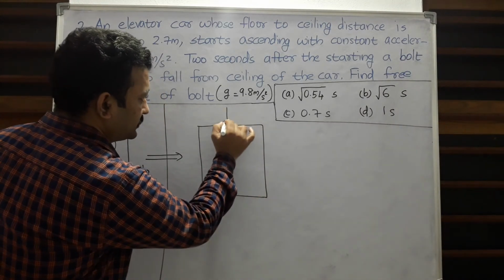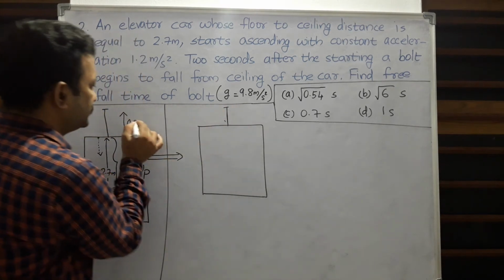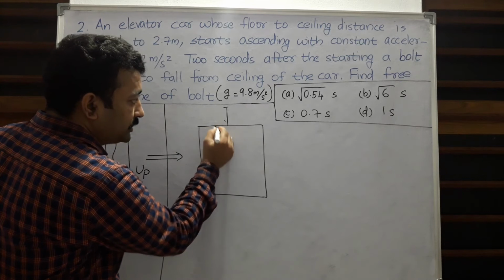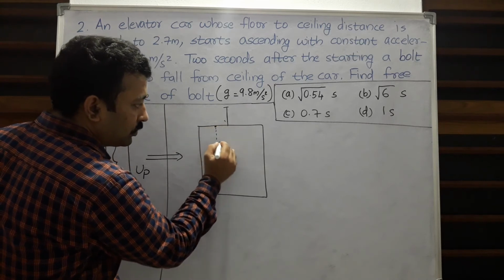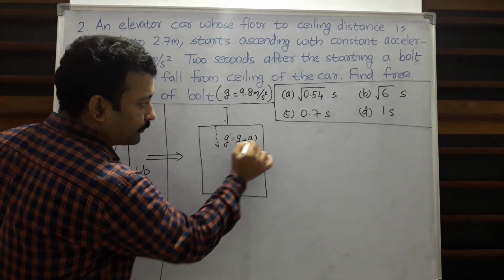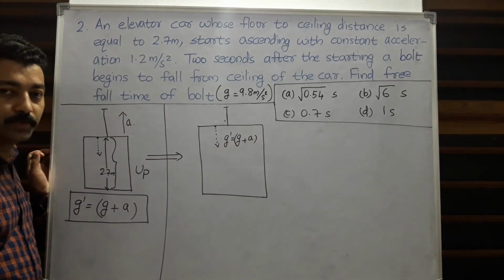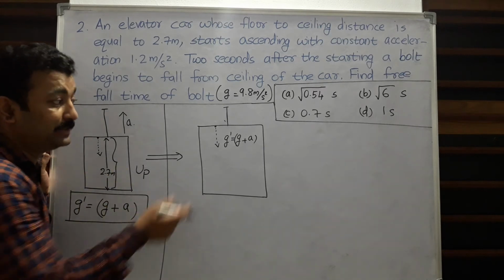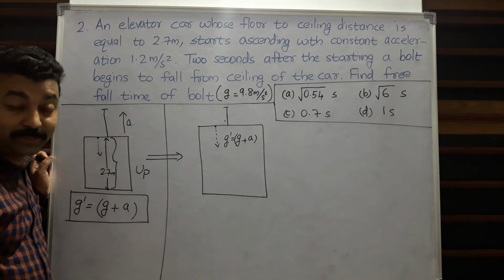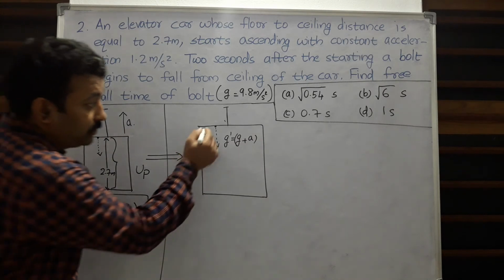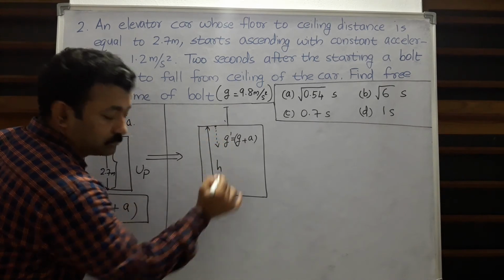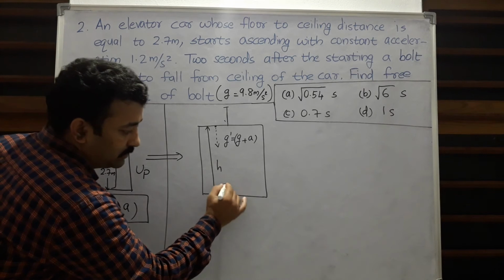Earlier there was an acceleration, now the lift is at rest. Now the bolt is falling down with an acceleration which is equal to g plus a. So there is a free fall problem, it is falling with g plus a. Your problem is to get the time of fall. We know the height or the displacement, and we have to find the time taken.